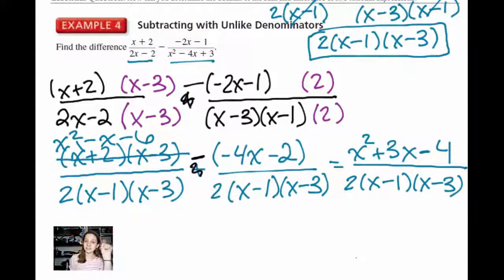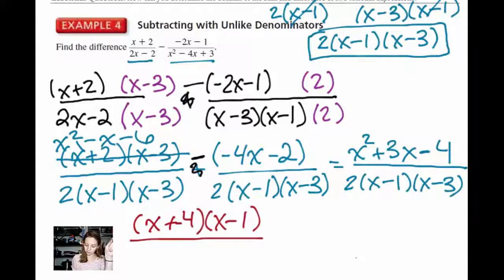And now I'm going to factor the numerator to see if there's any common factors. We have x plus 4, x minus 1. The numerator, denominator. We do have a common factor. We can get rid of the x minus 1.